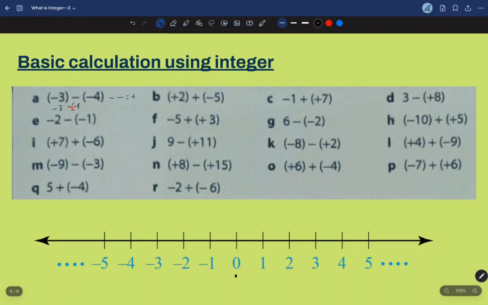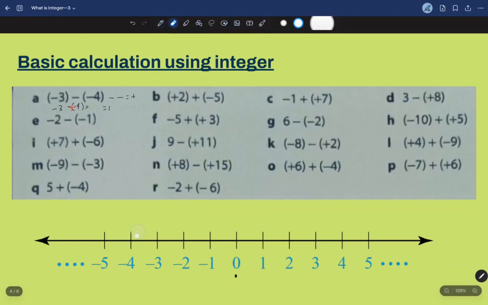Plus 4, which equals negative 3 plus 4. Using the grid, we can try this. Negative 3 is 1, 2, 3, and then we add 4. So 1, 2, 3, 4, which gives 1. That's why it equals 1. Simple.